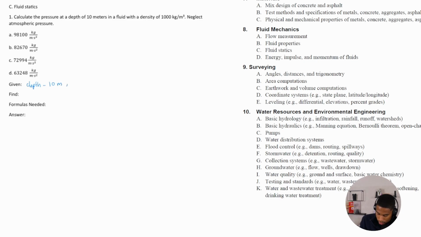We're also given the density. That's the symbol rho. But the density is 1,000 kilograms per meter cubed. All right. And it says neglect atmospheric pressure, or ATM.